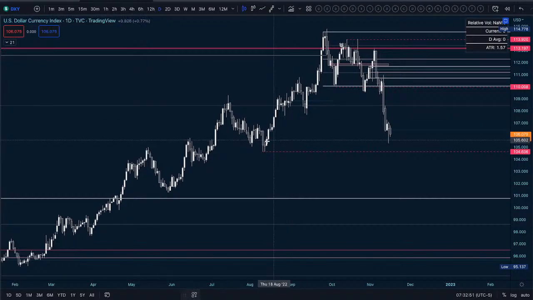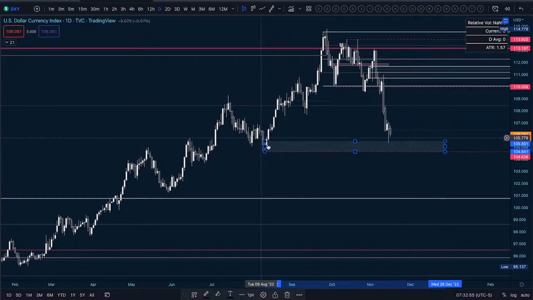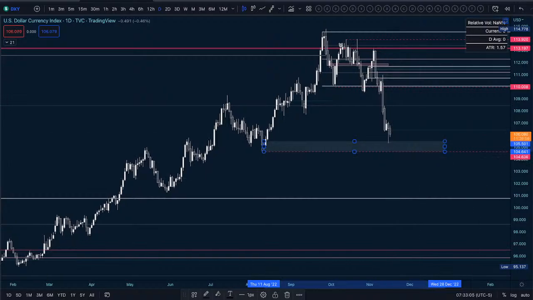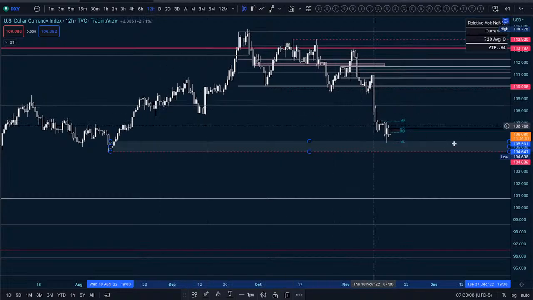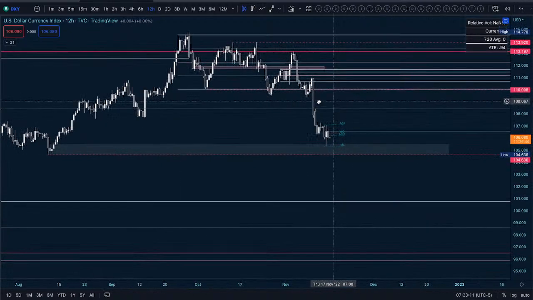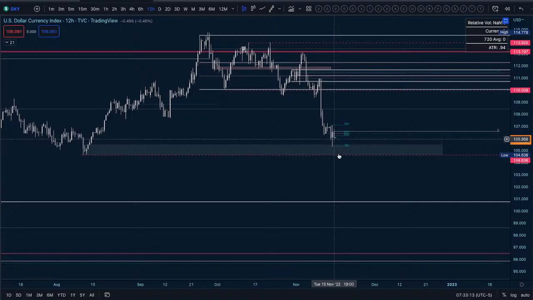Okay. Let's do this. There's this daily demand that created this big move. So we're just there. This doesn't mean that this is the end of the road.